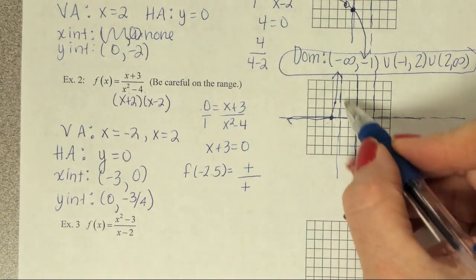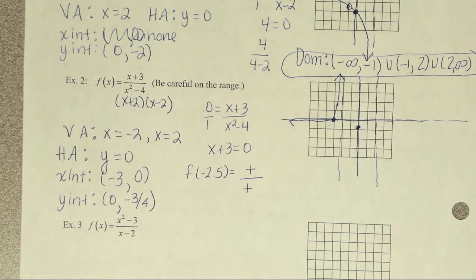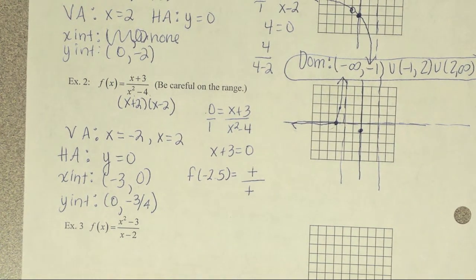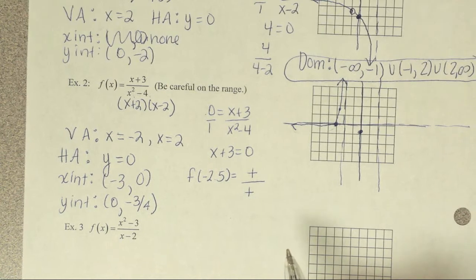Now, here, it could go up like this or it could go down. How do I know that it goes down without checking a point? Yeah. Go ahead. Do you know, Ryan? Because of the square factor? No, that's not really the reason why. Anybody know? Okay, kind of.